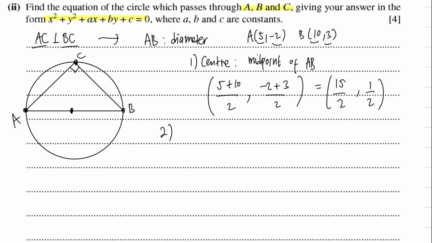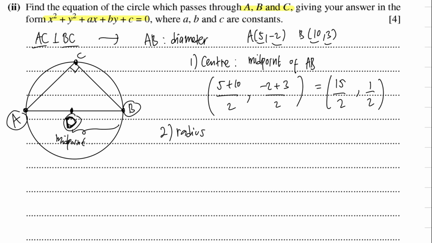Okay, the radius now. To find the radius, you just need to find the length between the center and one of the points. So you can take C and B, or C with A. We have the center, so let's call it D then. So D is the center, so we can find the distance between D and B. D is the midpoint.